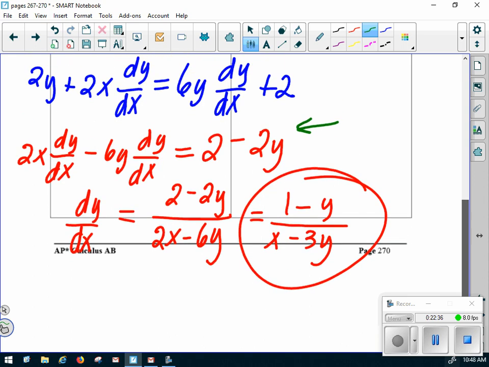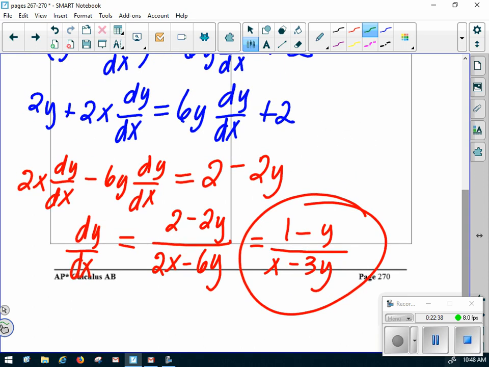If I had started right here, if I had moved the dy dx to the right and the non-dy dx to the left, don't write anything down, just work with me here. So that'd be 2y minus 2, right? Equals 6y dy dx minus 2x dy dx.